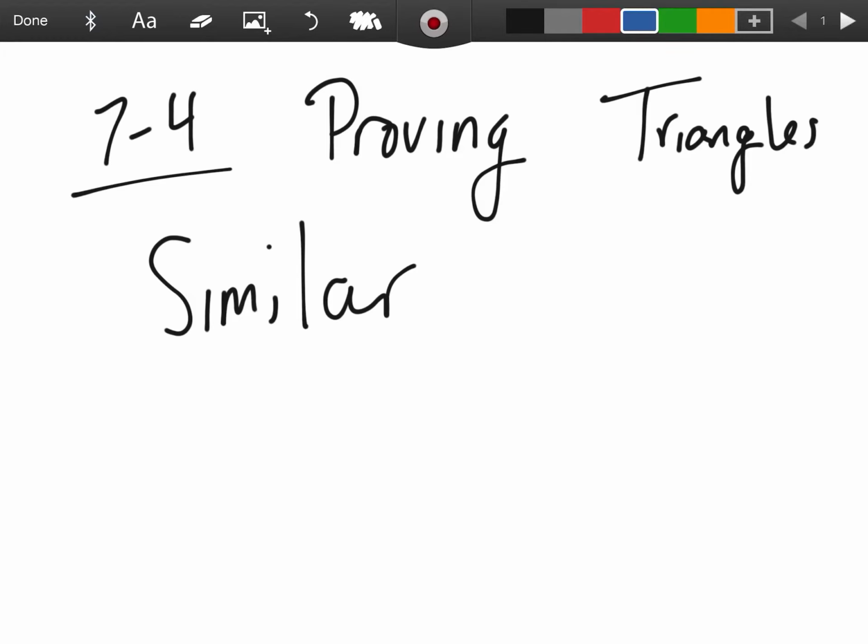Welcome guys, in this video we are going to be taking a look at section 7.4, which is our first introduction to a postulate that proves to us that two triangles are similar. Now when we're doing this, we could still go back and use that initial definition of similarity where we could say, alright, I have these two triangles.